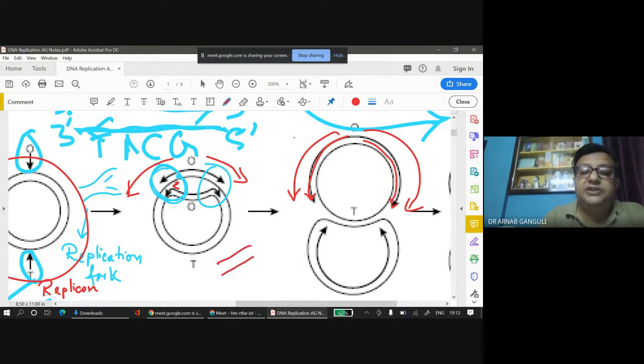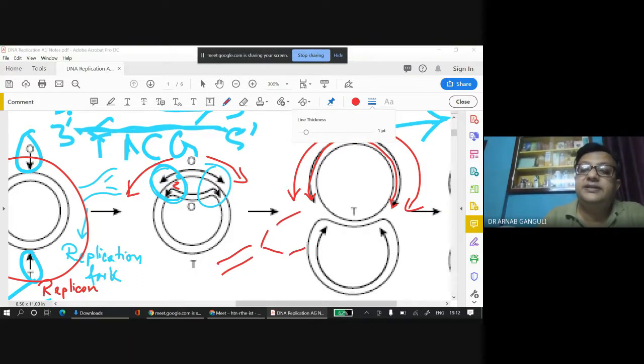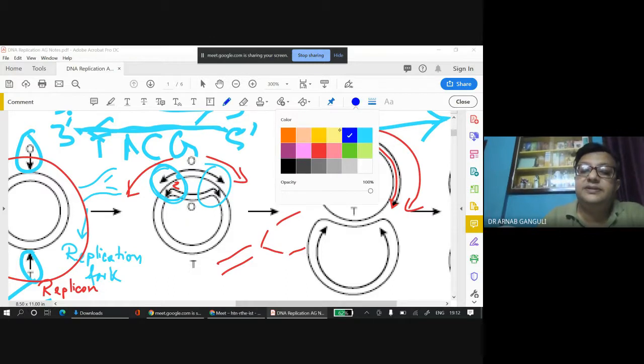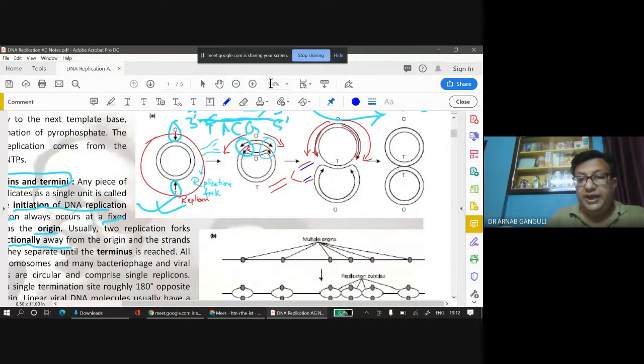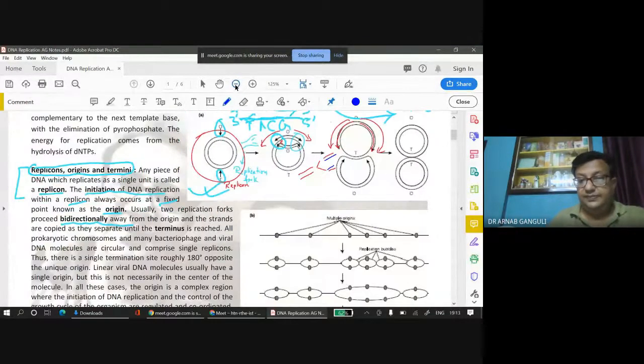So you have the double strand. Double strand is separating, and a new strand is being synthesized. And eventually you will have two strands formed. So they keep on replicating until the terminus or this T region is reached.